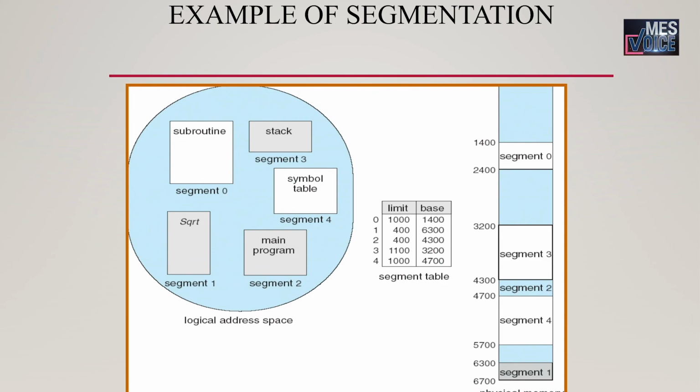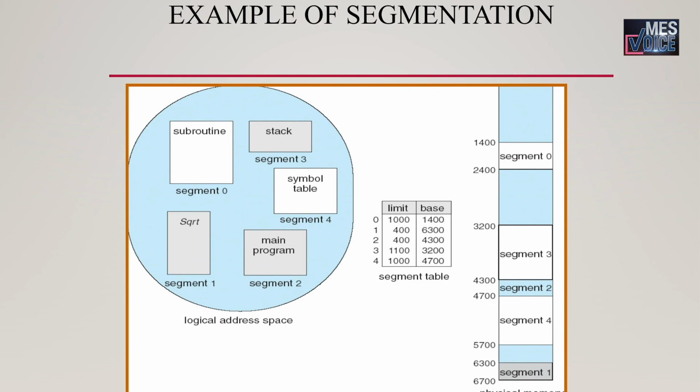So, for example, segment 2 is 400 bytes long and begins at location 4300, that is the base. Thus, a reference to byte 53 of segment 2 is mapped onto location 4300 plus 53, so that comes to 4353.